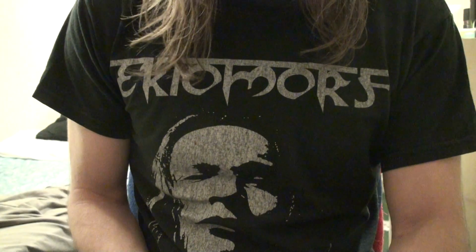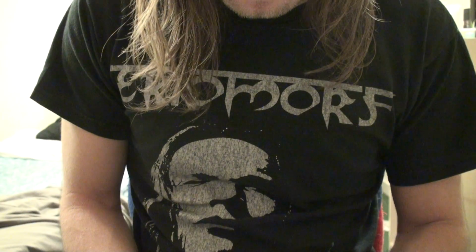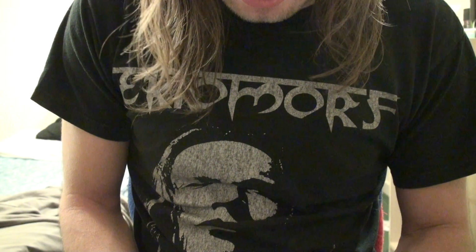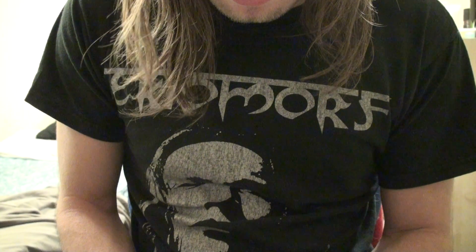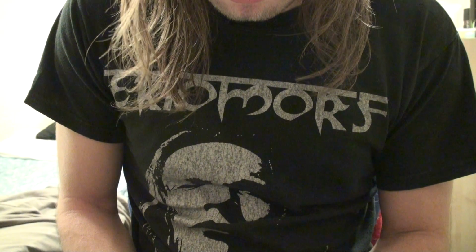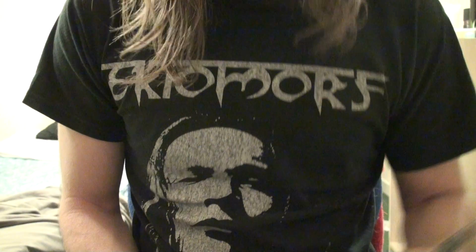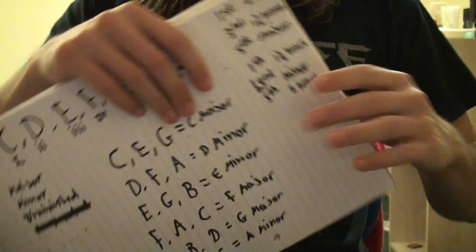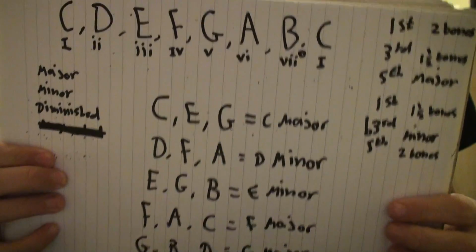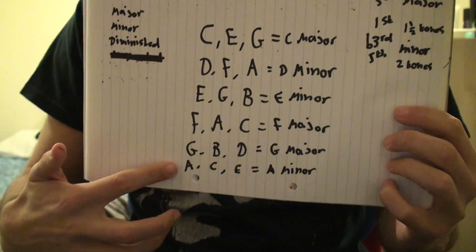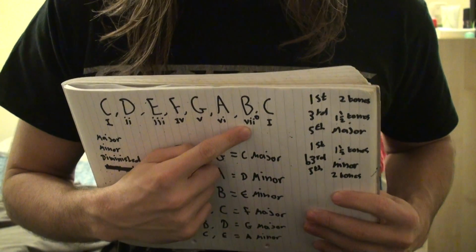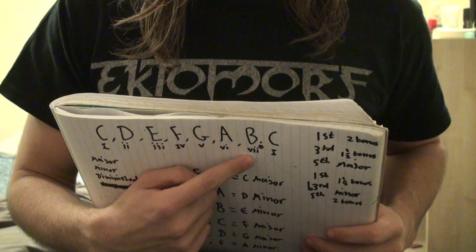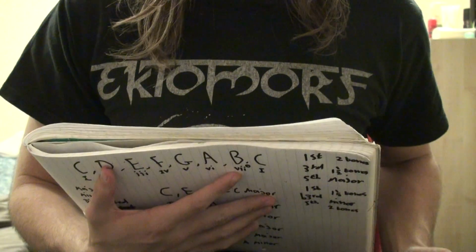Next we have A, which is a minor chord. It is A, C, and E. Now, we have 6 triad chords in the key of C major, but we are now at this diminished chord. What is the difference between a major, minor, and diminished chord?